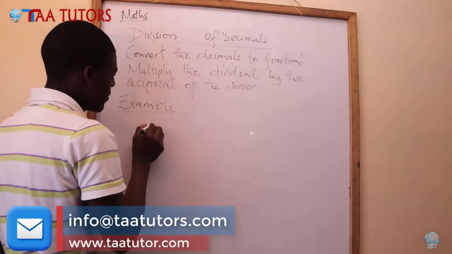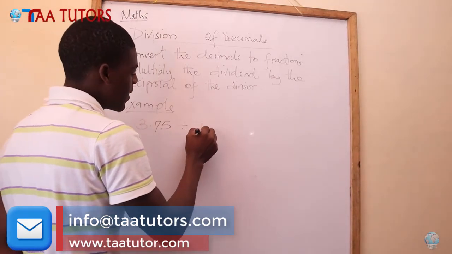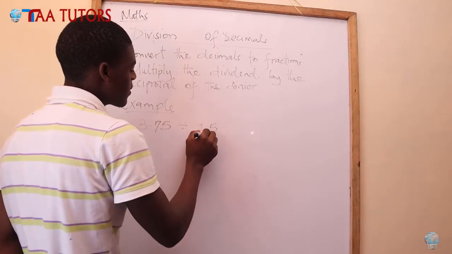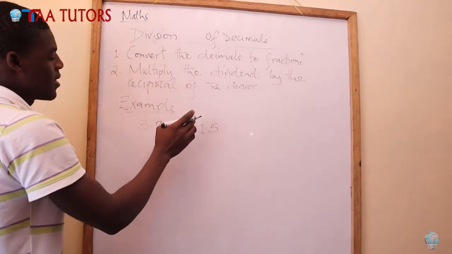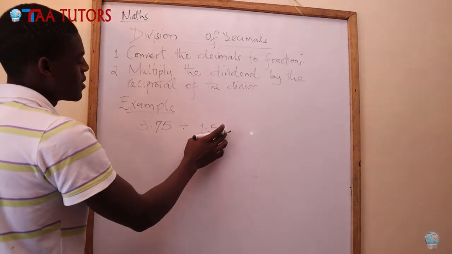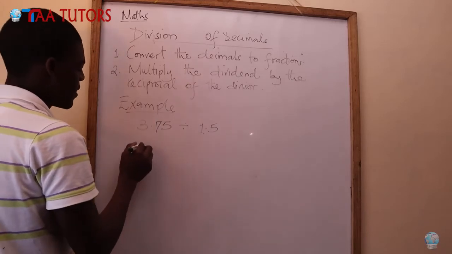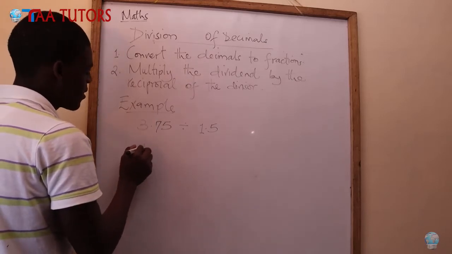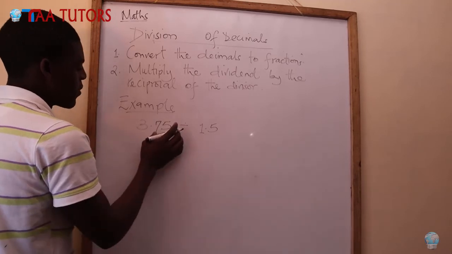An example here we have is 3.75 divided by 1.5. Whatever we are seeing here, they are decimals. And we've said that we convert the decimals to fractions. We know that 3.75 is 375 over 100, 2 decimal places.